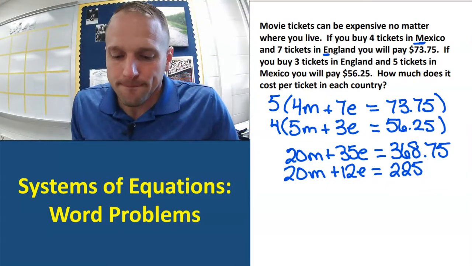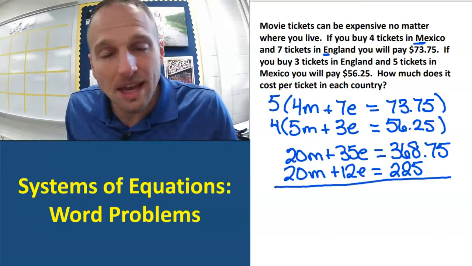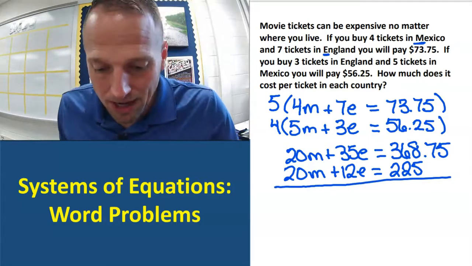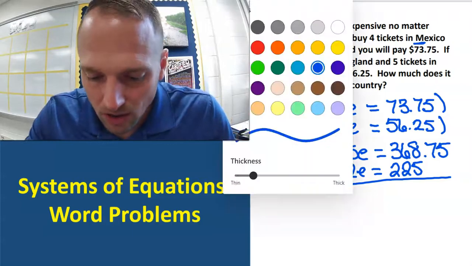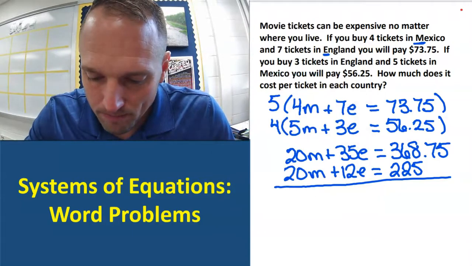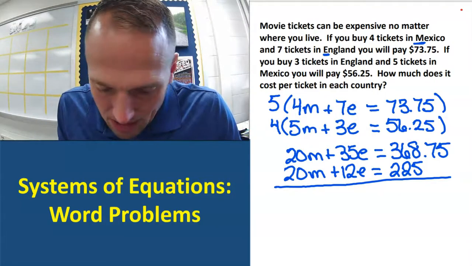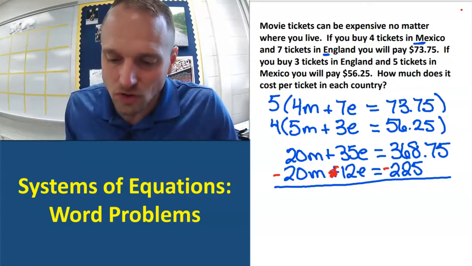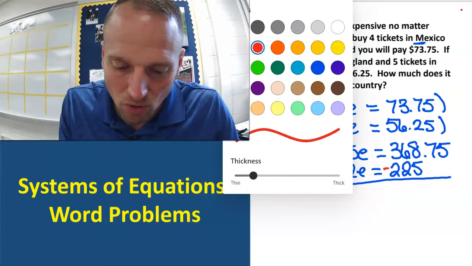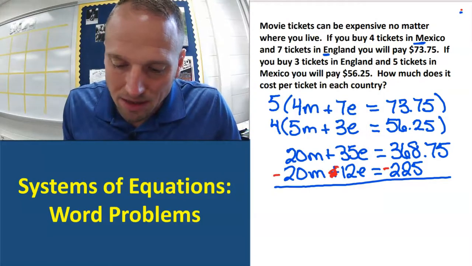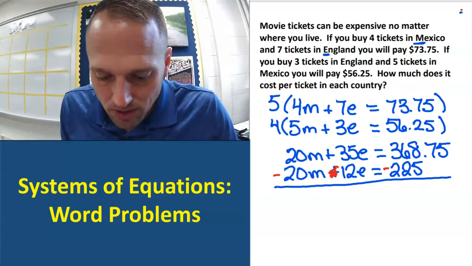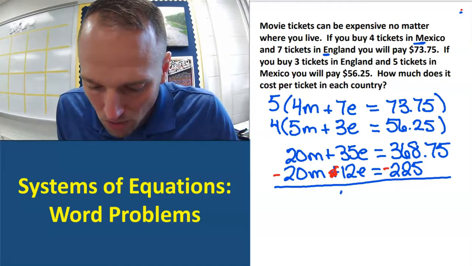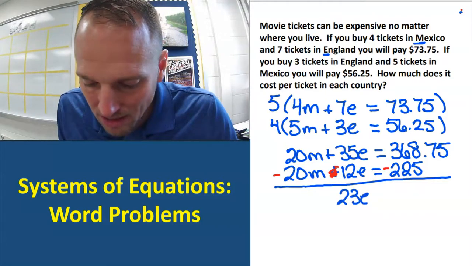Okay. Now, the m's are the same, so they are ready to eliminate. Let's change the signs on the bottom. So I'm going to make that a negative 20m, a negative 12e, and a negative 225. So let's add them now. The m's will cancel. They're eliminated. 35 minus 12 is going to be 23e.